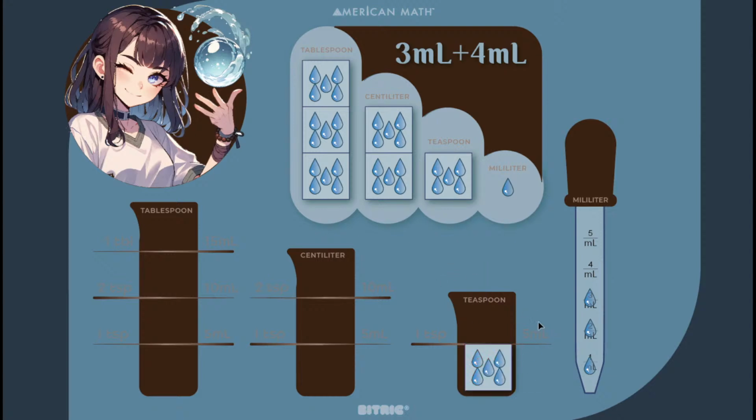And we know that we have 1 too many milliliters in our teaspoon space. So now we need to take away 1 milliliter. We had 1 too many inside of our teaspoons, so we took one away inside of the milliliters.